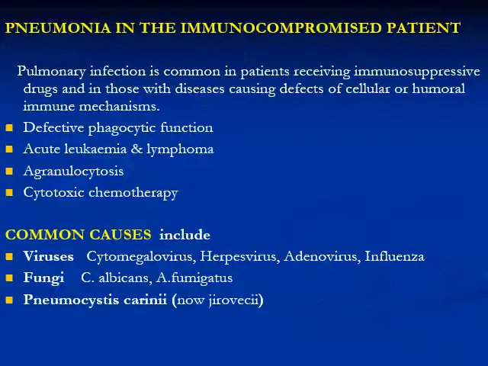Pneumonia in the immunocompromised patient is usually caused either by viruses, like cytomegalovirus, herpes virus, adenovirus, influenza virus, coronavirus, or by fungi like Aspergillus fumigatus, histoplasmosis, Candida albicans, and also Pneumocystis carinii pneumonia, now called Pneumocystis jirovecii pneumonia.